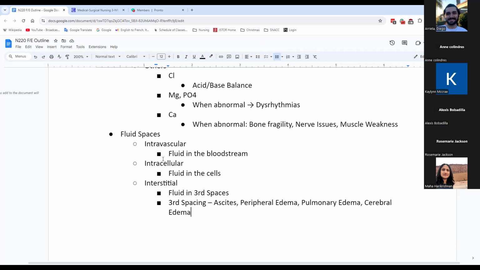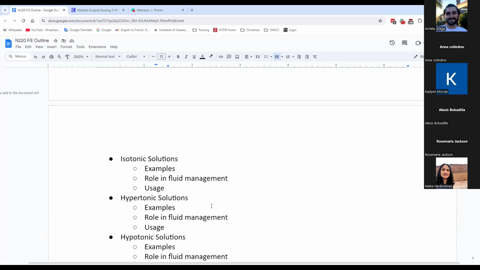Okay, just kind of a general idea. Just know what third spacing is. I'm sure you guys had a question on your 212 exam like, what's third spacing? And you're just like, yep, it's this. I remember that. Good times.